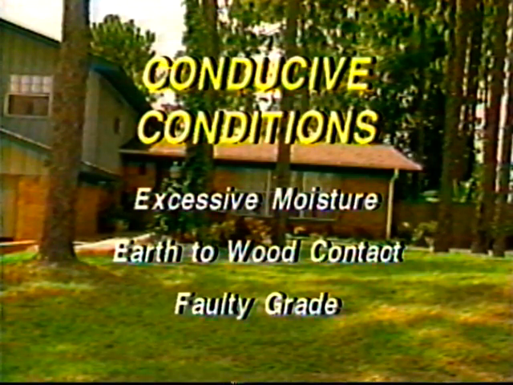Anytime wood's contacting the earth, you just don't want that to occur. Faulty grade is where your lawn is sloping towards your house instead of away. Excessive moisture, I mentioned that earlier, but things like that can create a great habitat or entrance for termites into the structure.